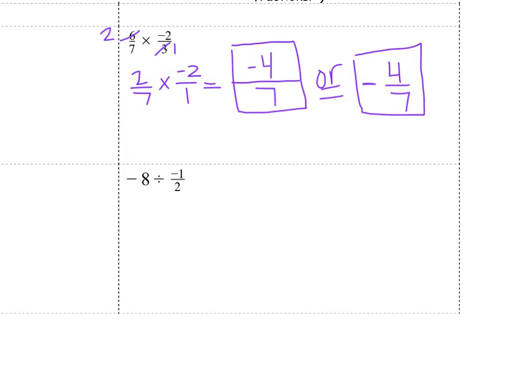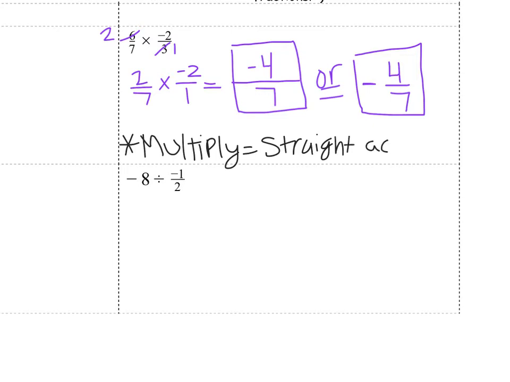Something I want you guys to make a little note of is when we multiply, you just multiply straight across. So I'm going to write that here. Multiply equals straight across.